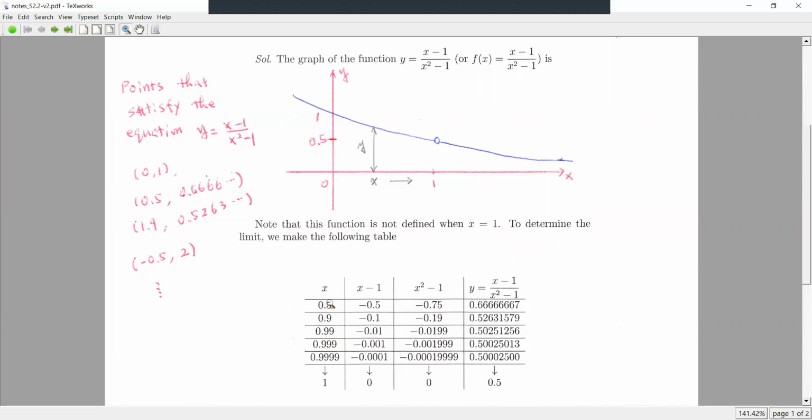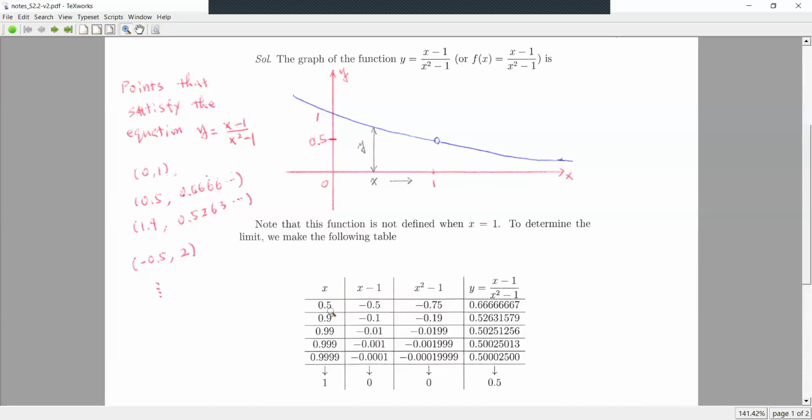So in these numbers, I didn't pick 1. In the first column, I didn't pick 1 for x. I just let x get closer and closer to 1. I didn't let x take 1 directly.